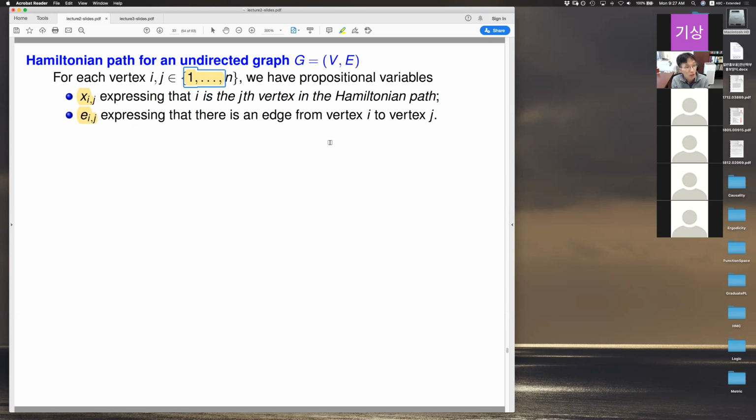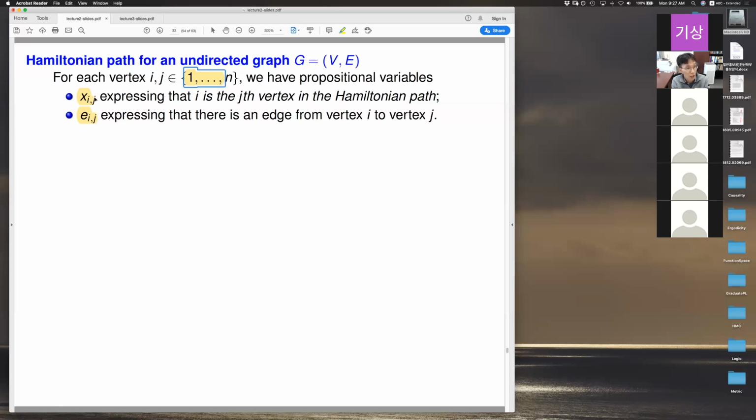Okay. And then x_ij expresses the property that you see on the screen. It assumes there exists a Hamiltonian path. If there is a Hamiltonian path, then that path will visit every vertex precisely once.